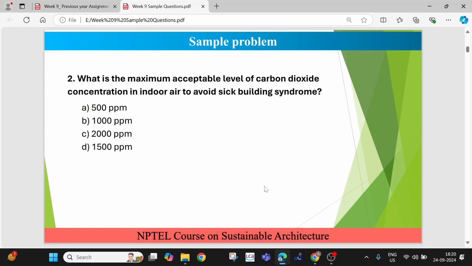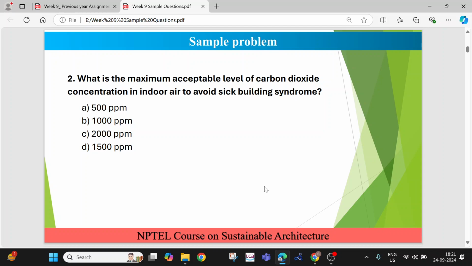How much is the manageable range, or comfort level? What's the answer for question number 2? Anybody wants to answer? 1000. Yeah, so it is 1000 ppm.